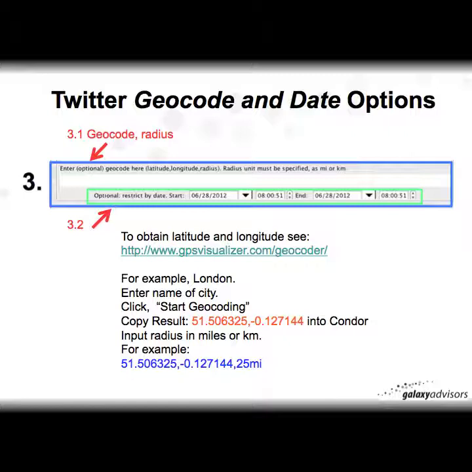Just copy those coordinates out, paste them into that geocode, put a comma, and then indicate a radius in miles or kilometers of how far a radius around that geography point you want to collect. So Twitter gives you the ability to zero in and say, I only want the tweets around this particular city. You can do that. You can also restrict the dates here using the date options in 3.2.